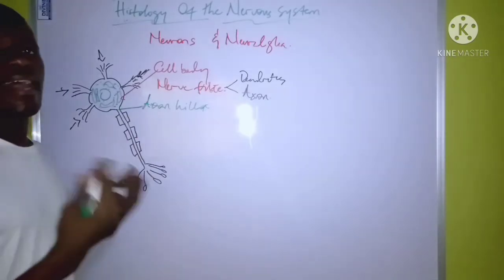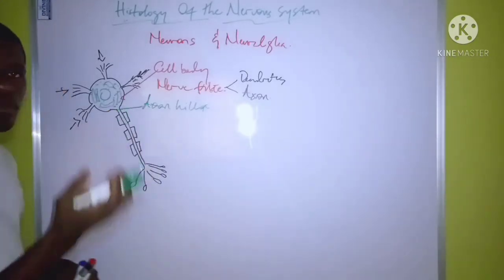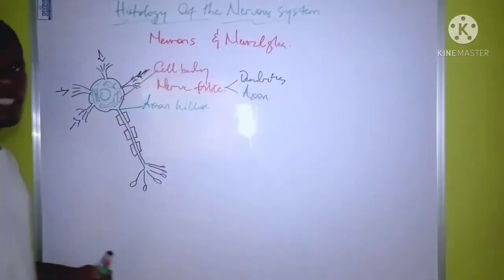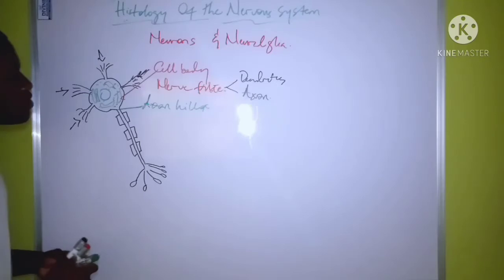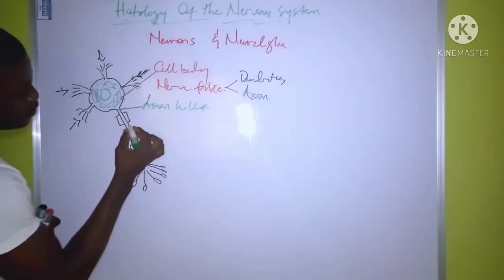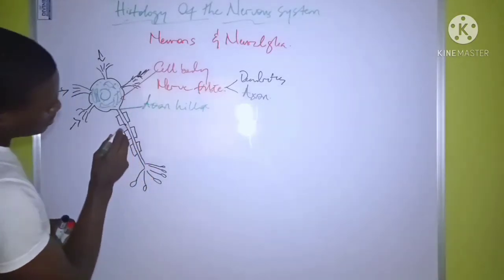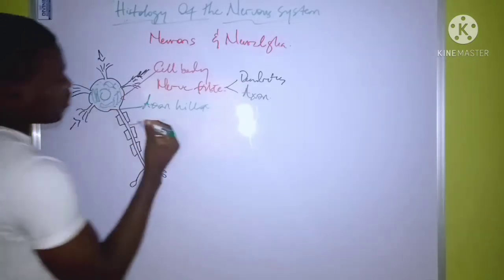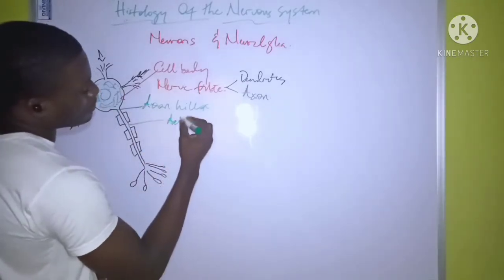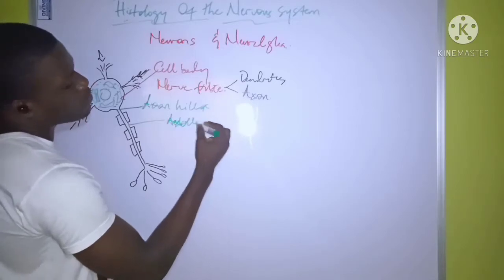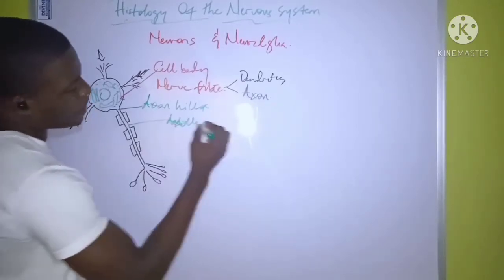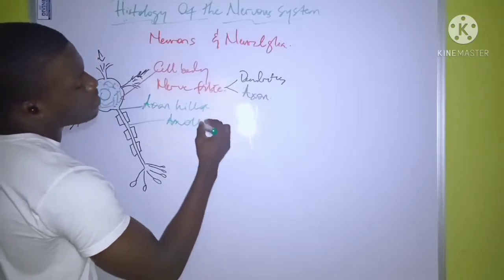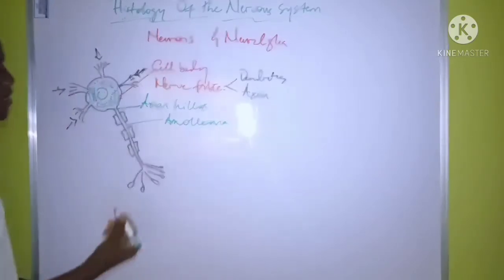It has an axoplasm, which is the cytoplasm of the axon. Now, this axoplasm is protected by a thin sheet, which is referred to as the axolemma. That is, this thin sheet found in the inner part of it is called the axolemma, and it protects the axoplasm.